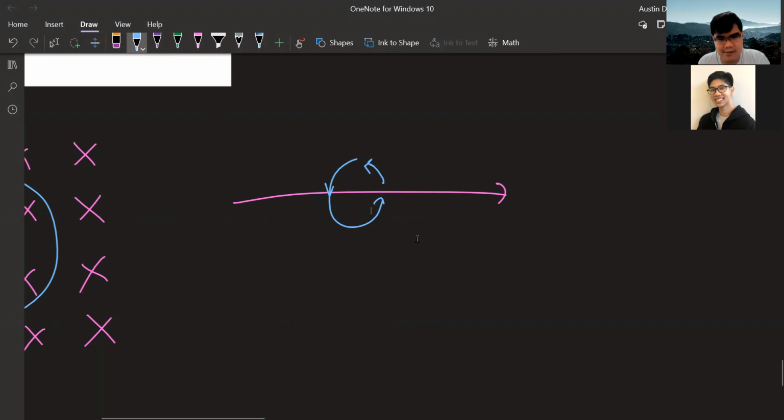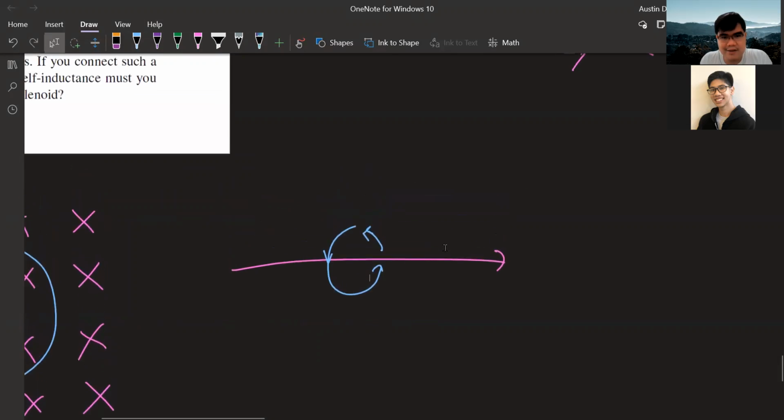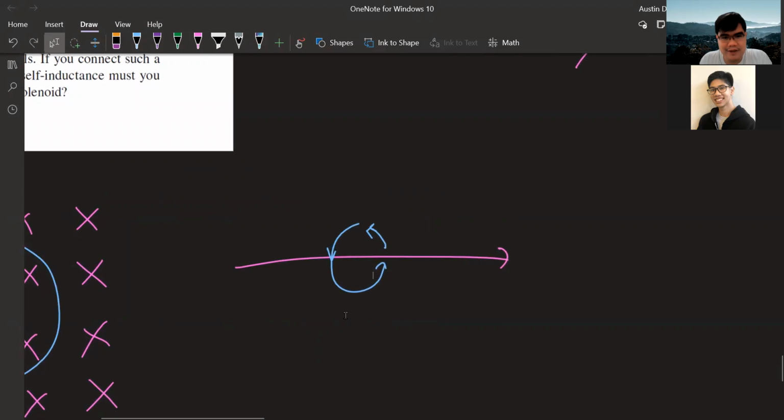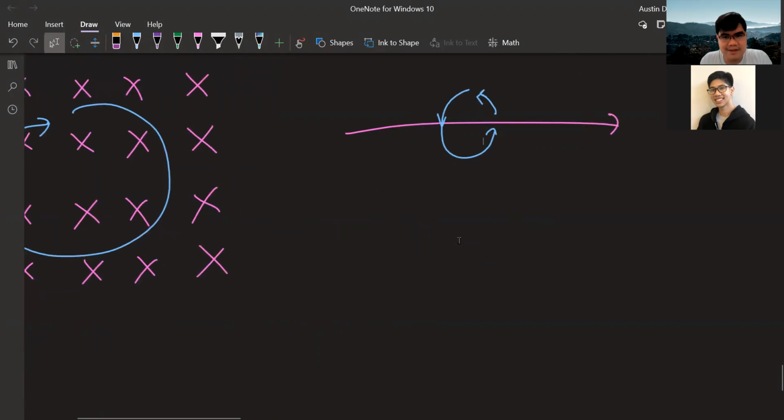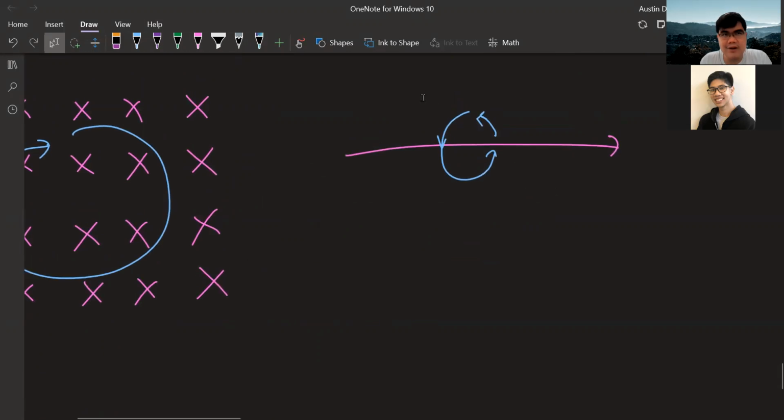So, yung thumb nyo lagi nasa magnetic field. Tapos, yung curl ng fingers nyo would be the counterclockwise, kapag sinabing with respect to the magnetic field. Okay, share nyo lang sa klase nyo para hindi sila maguluhan sa buhay nila pag nakita nyo yung exam.